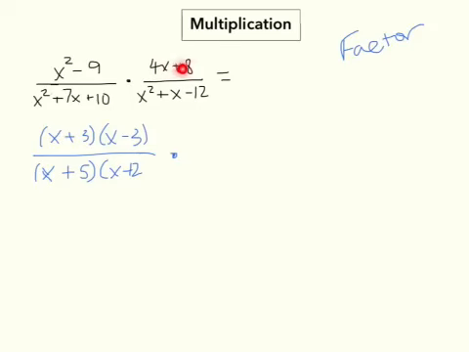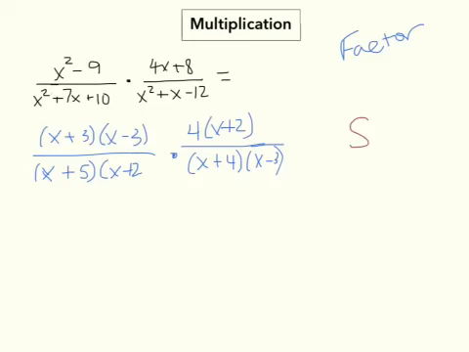And then 4x plus 8, it's not a quadratic, but we can still factor out a 4. And then the next, x squared plus x minus 12, is x plus 4 and x minus 3. So the first thing I did was factor all of the polynomials.